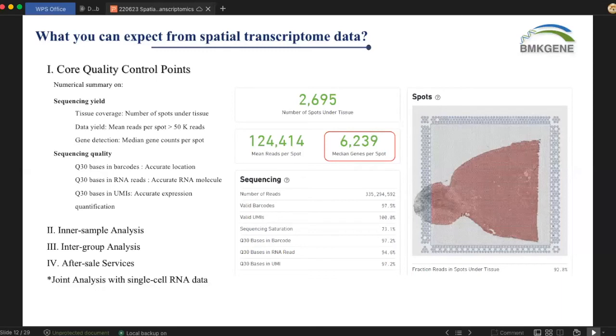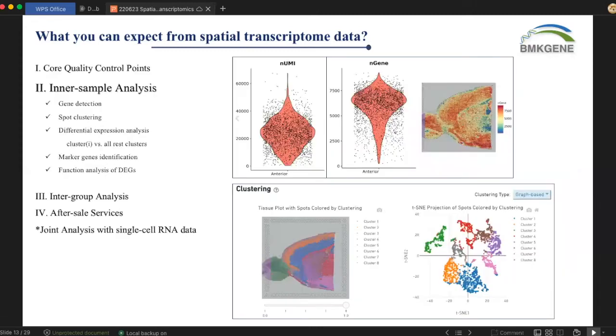Once we are sure about the data quality and the gene identification, we'll move on to the real analysis. The first part is data analysis within one sample, which means we are focusing on the differences between different areas within this one single tissue. As shown here, the first one is the gene detection intensity.